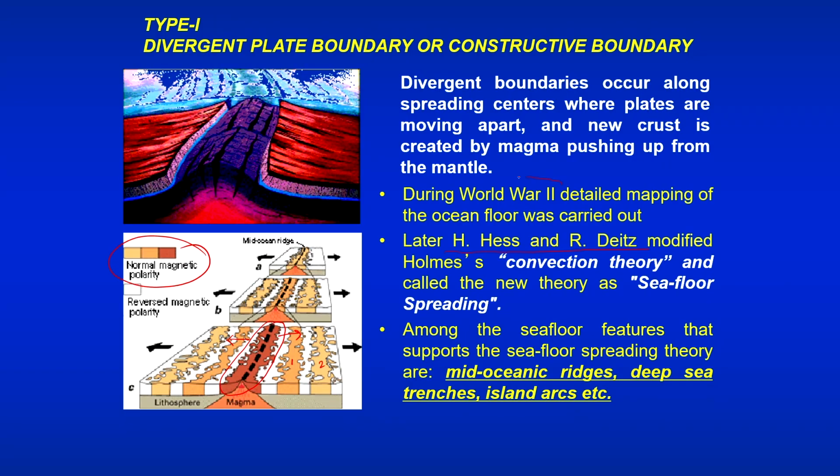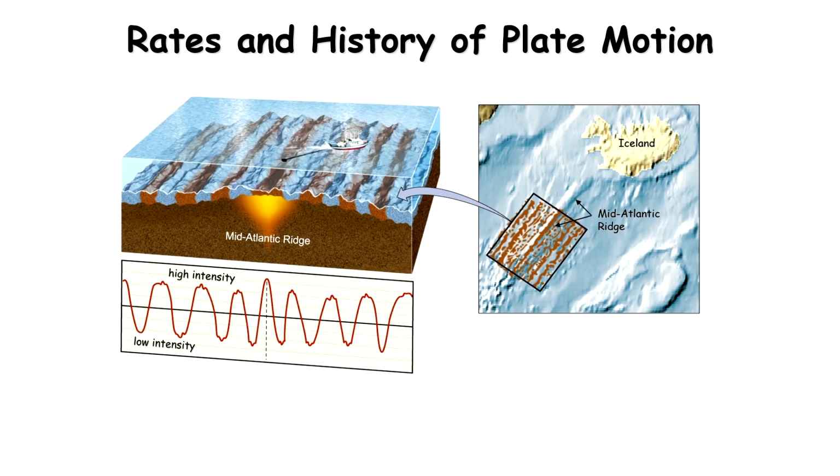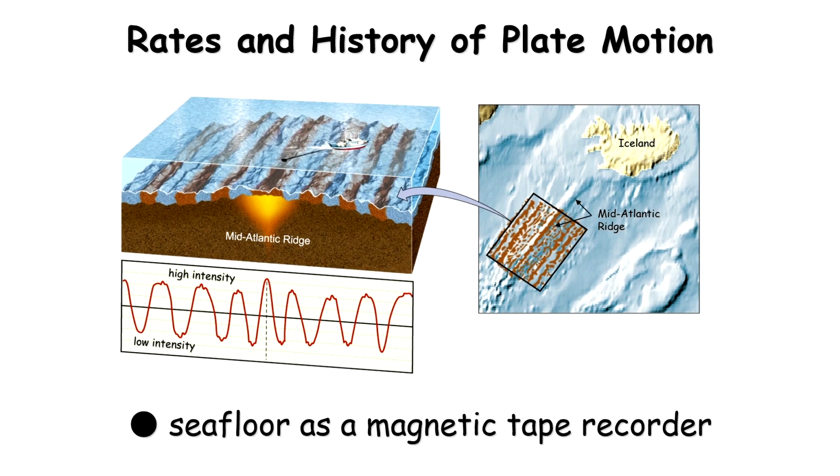Sometimes, in the World War, the part was to fight, but they were able to find out some good science out of it. So this is what it shows: the mid Atlantic ridge, a spreading center. They have also been termed as magnetic tape recorders, which show the change in polarity in many areas.